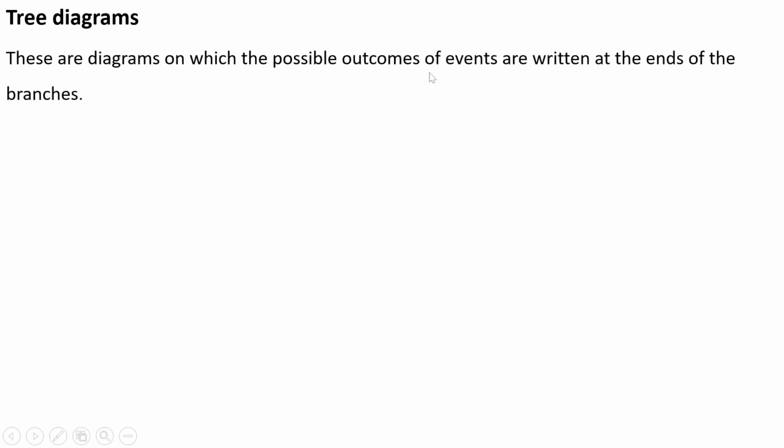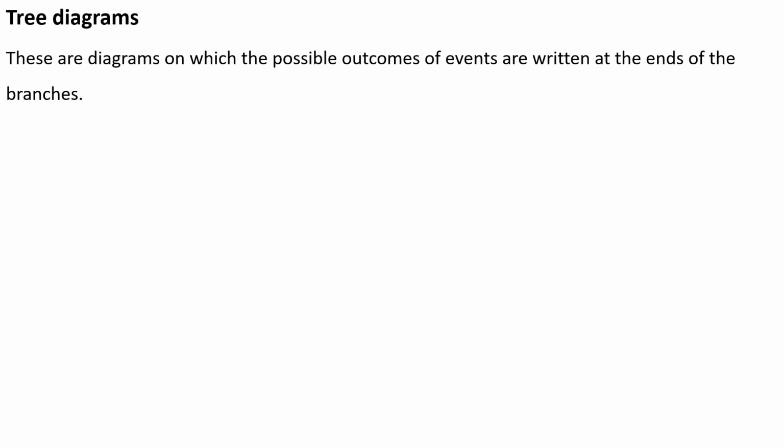These are diagrams on which the possible outcomes of events are written at the ends of the branches. So tree diagrams are just branches, at the end of which the possible outcomes are written.